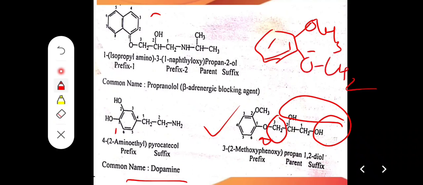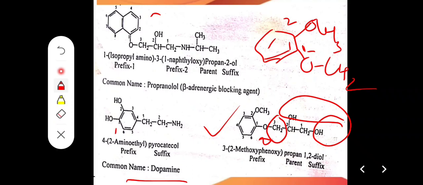That should be termed as 2-methoxyphenoxy group, because if we consider this as 1, that should be 2, and that 2 position has OCH3, so it is termed methoxy, and there is a phenyl ring attached with OCH2, so we term it 2-methoxyphenoxy. In the benzene ring, the 2 position carbon bears OCH3, so we term it 2-methoxy, and as the benzene ring is attached with the OCH2 group, we term it phenoxy.